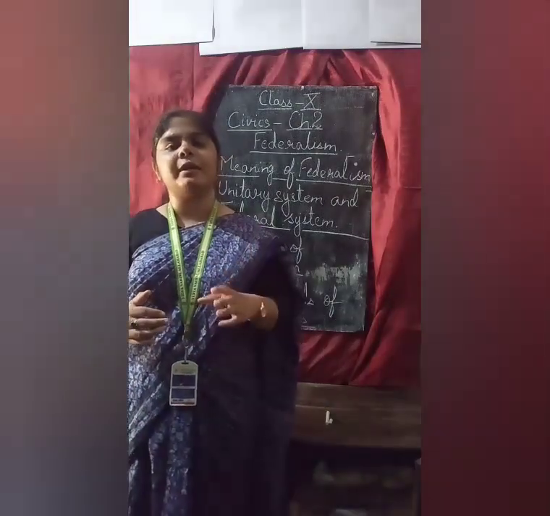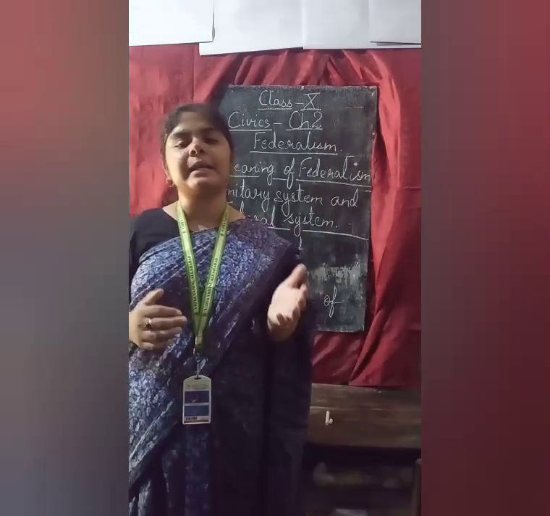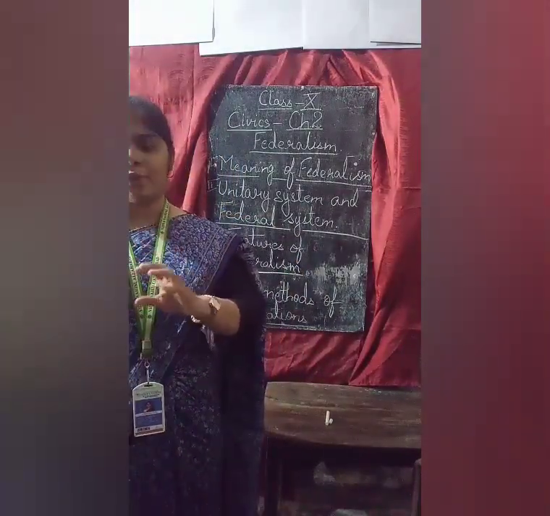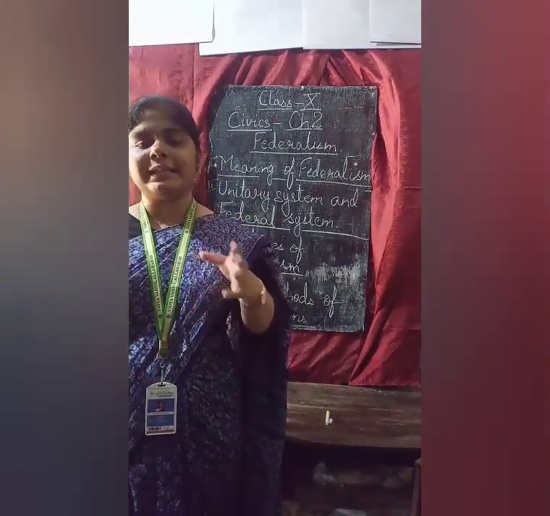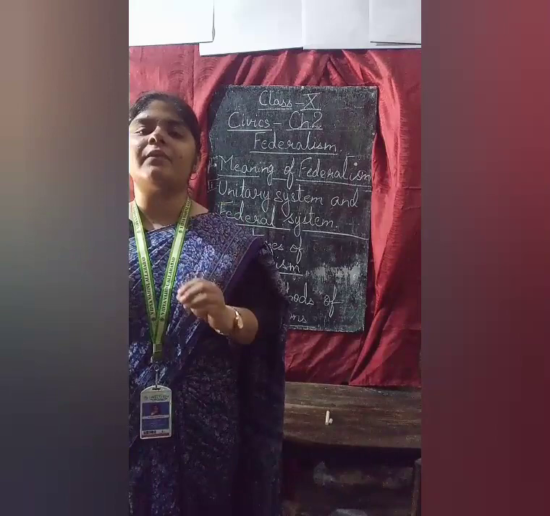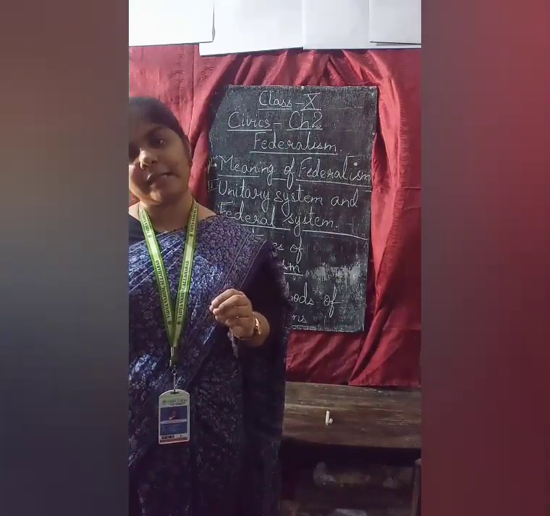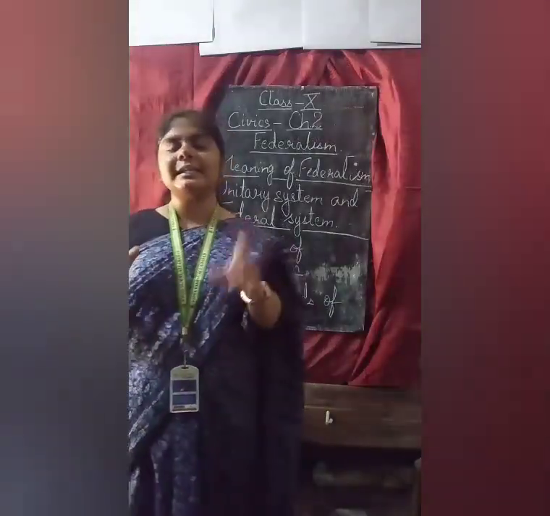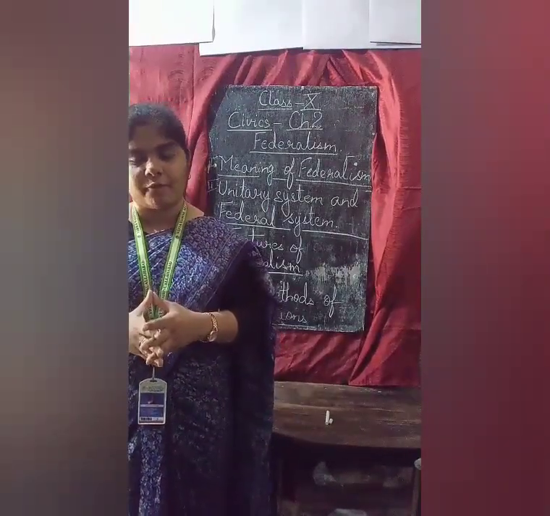Fine. So over here the central government has more powers as compared to the state government. If there are some disputes which cannot be concluded, then in that case the central government leads, and the decision of the central government is followed. Fine. So this is the reason we follow the holding together federation.